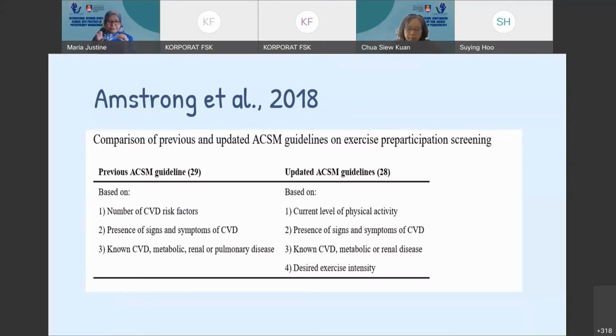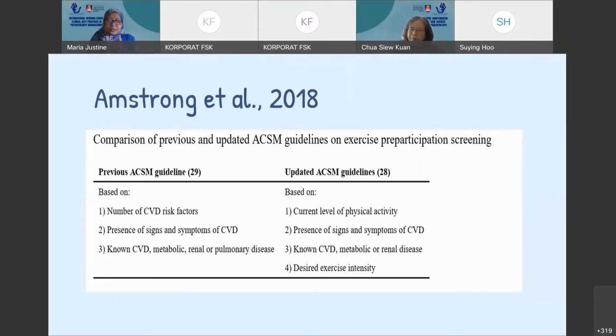The new one added level of physical activity, whether you are currently doing any physical activity or not. When you are asking your clients about physical activity, you must define the recommended level of physical activity, right? The new model also looks at the presence of signs and symptoms of CVD.